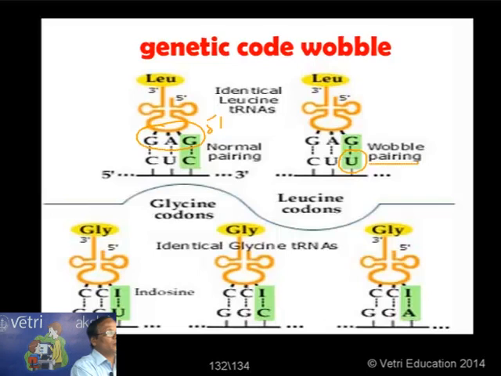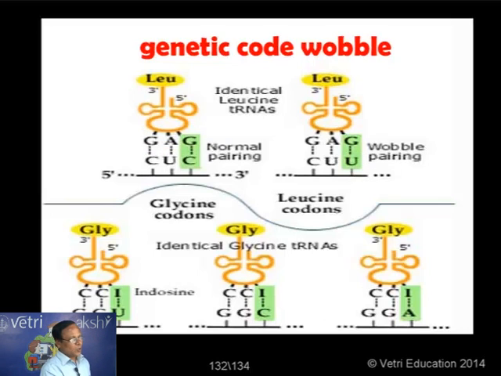So this is normal pairing, standard base pairing or Watson-Crick base pairing. In such cases, we normally have two tRNAs which can pair with different bases, so that we can compensate for the shortage of tRNAs. And similarly for glycine. This is for leucine, normal pairing.